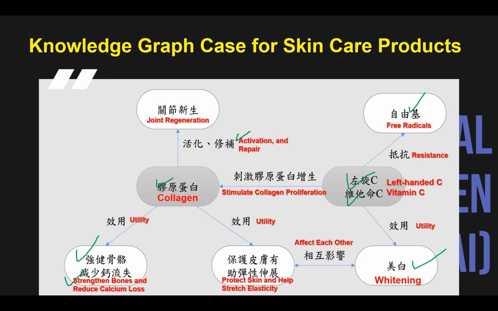That's a utility here. And for resistance, they have free radicals. That would be called a knowledge graph. So it's very important within the expert system.